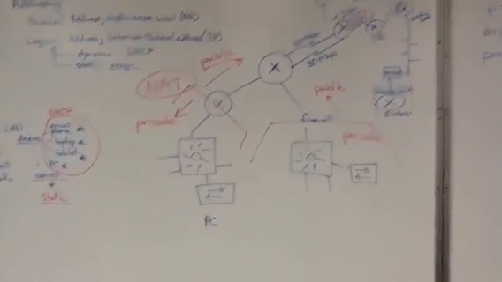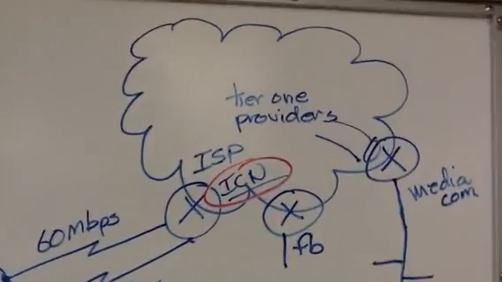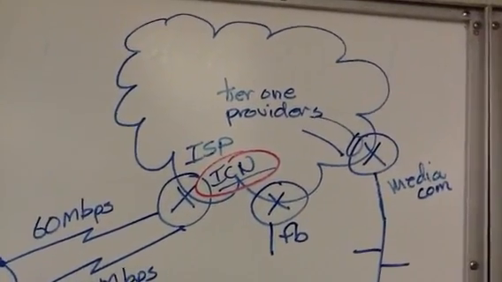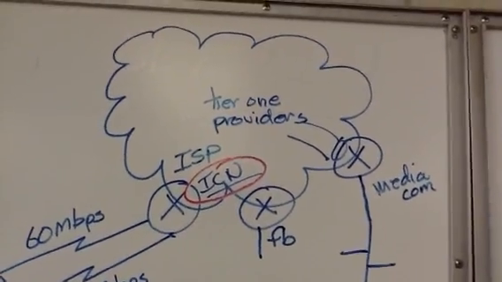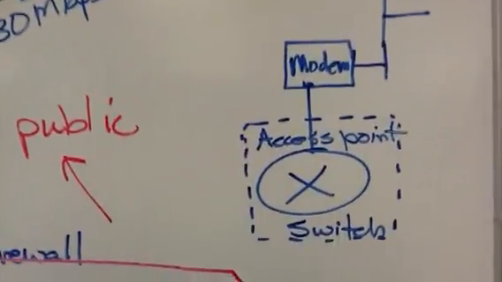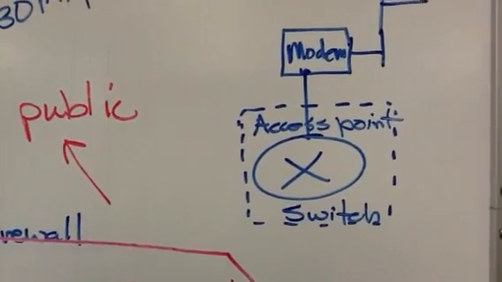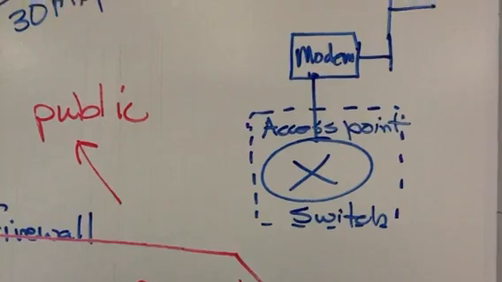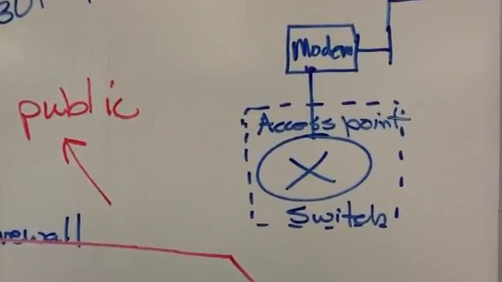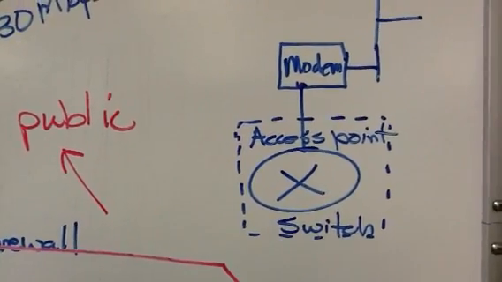Okay? So we started out here talking about the internet. We talked about tier 1 providers out on the internet, and then tier 2 providers or tier 3 providers that we connect in with, like Mediacom. You probably have a modem then at your house, whether it's Mediacom or you have some type of modem that connects. Either it connects to the cable, or it connects to the phone, or it might connect to a satellite dish that connects by a satellite.